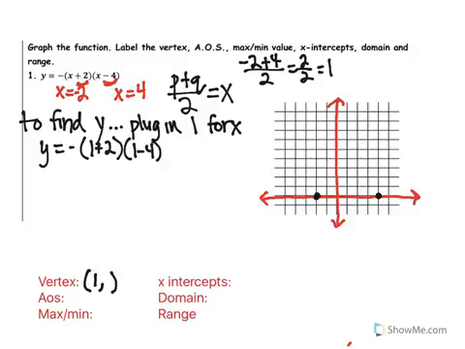I plugged in 1 into my original. Do the math. Negative, okay, 1 plus 2 is 3 times 1 minus 4, negative 3, right? I know, this wasn't written very well. Sorry about that. Negative 3, okay, negative 3 times negative 3. 9. My vertex is 1 comma 9.